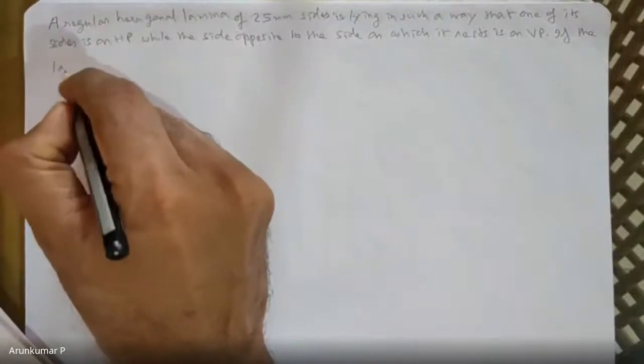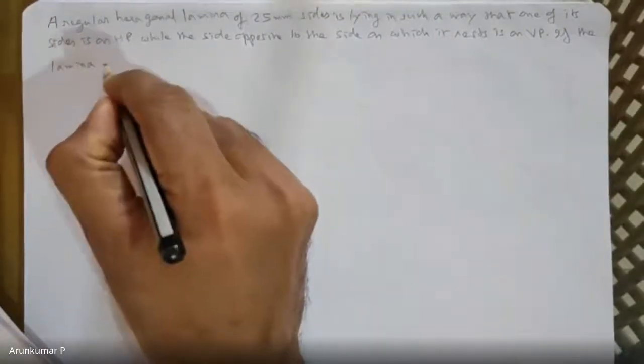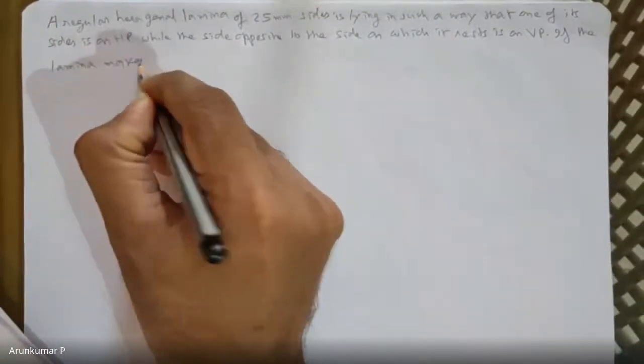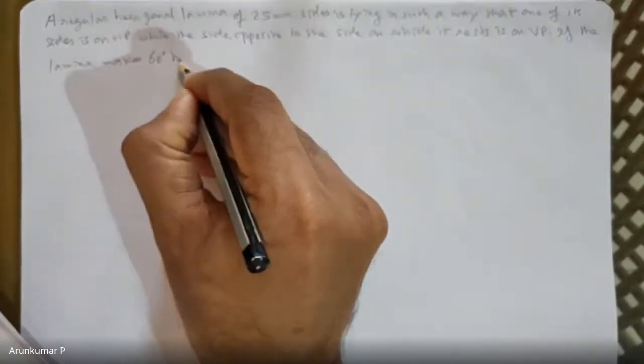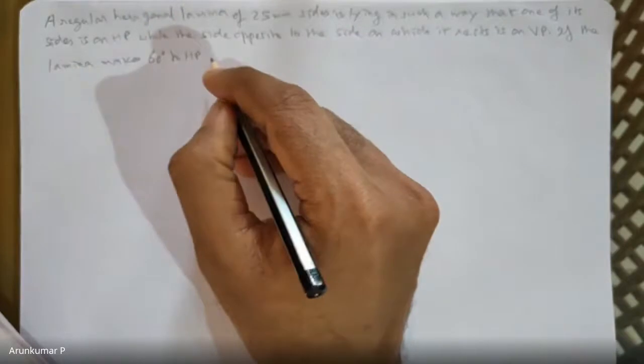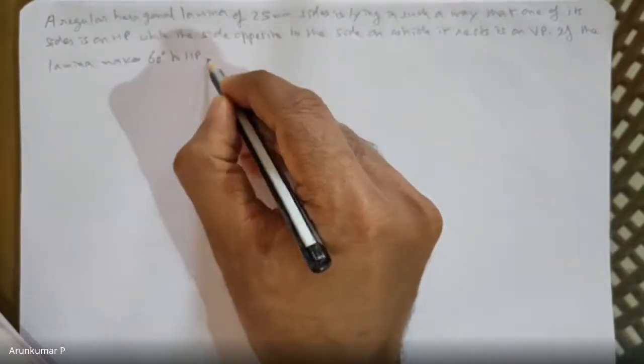If the lamina makes 60 degrees to HP, draw the projections of the lamina.